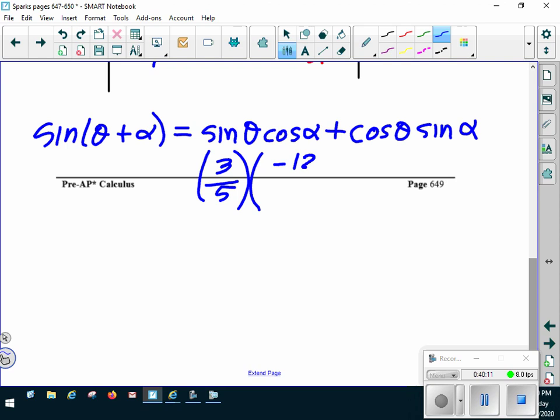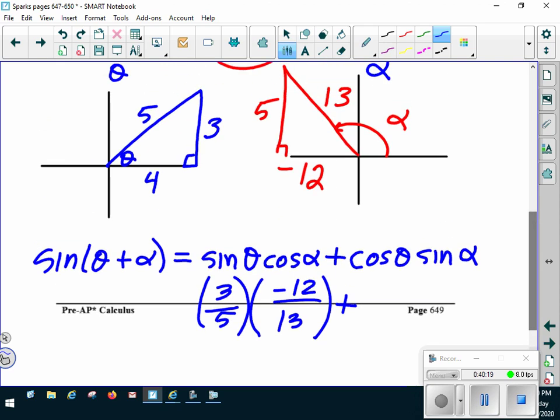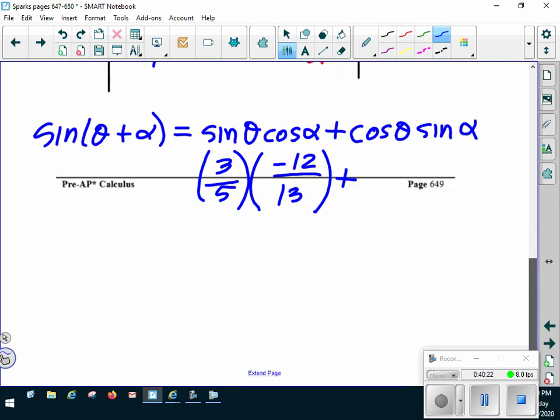Good. Plus the cosine of theta, 4/5, times the sine of alpha.